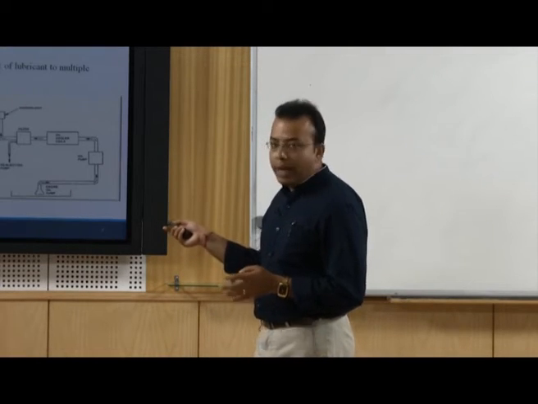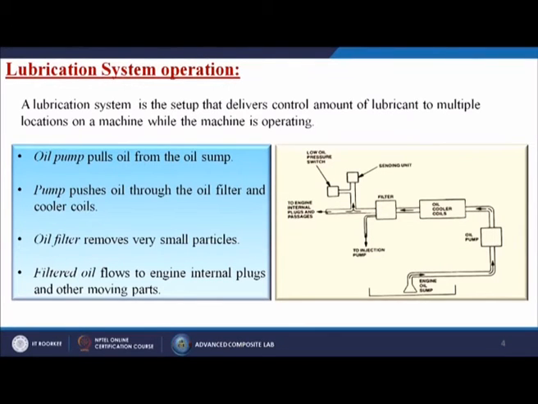This is a simple example of a lubrication system acting on a machine. From the right hand side figure we can understand that this is one kind of lubrication system.